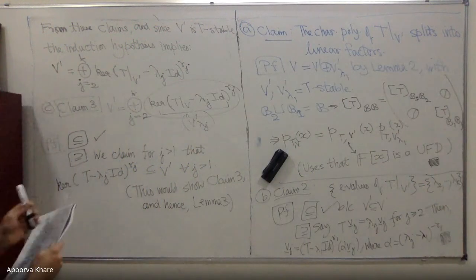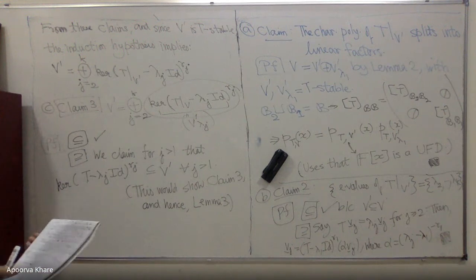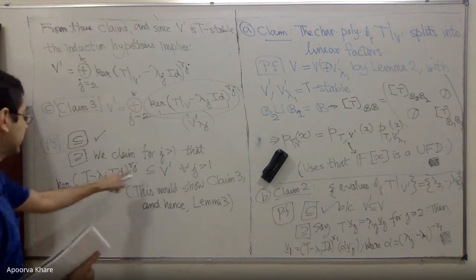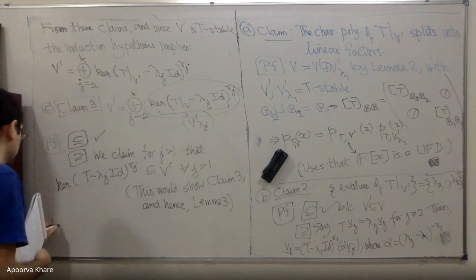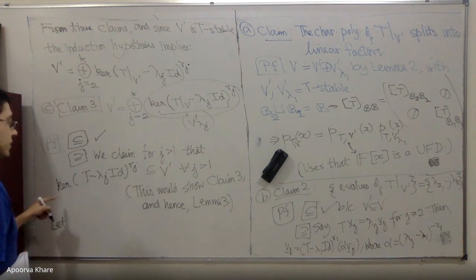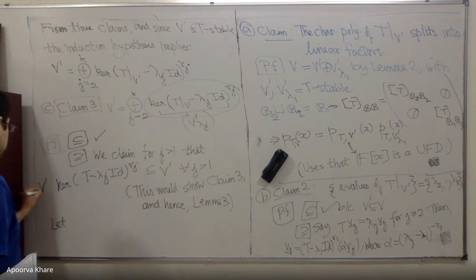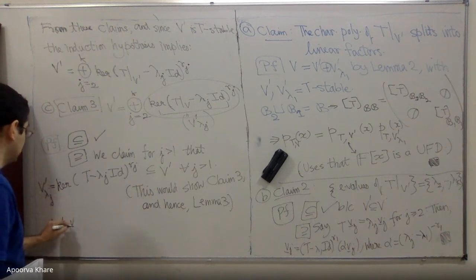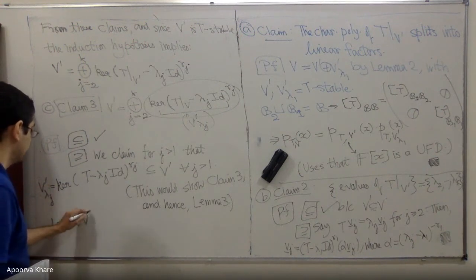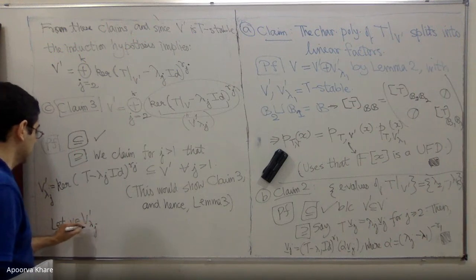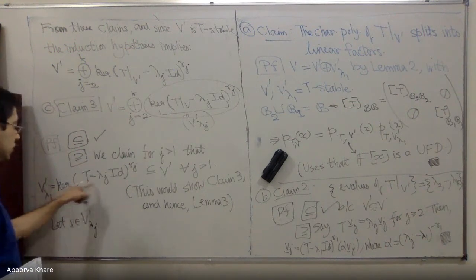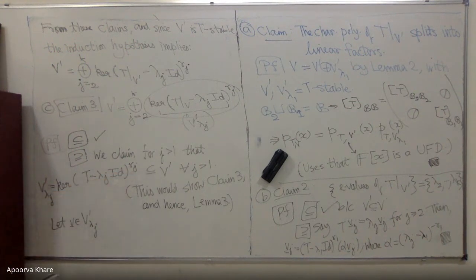Okay, so we want to show that this is contained here. So take a vector here and let's give this the name V prime lambda j, so that v belongs to V prime lambda j, meaning this kernel of T minus lambda j identity to the Rj.